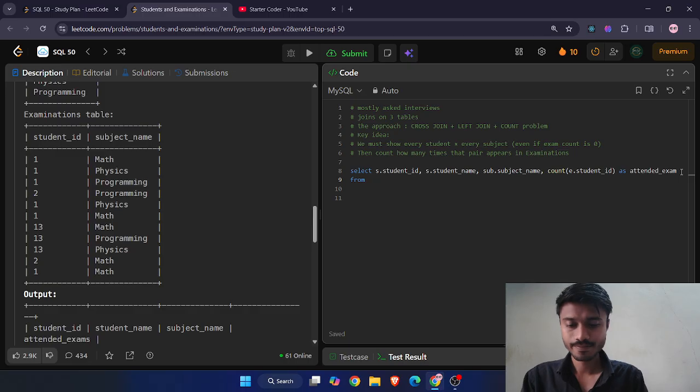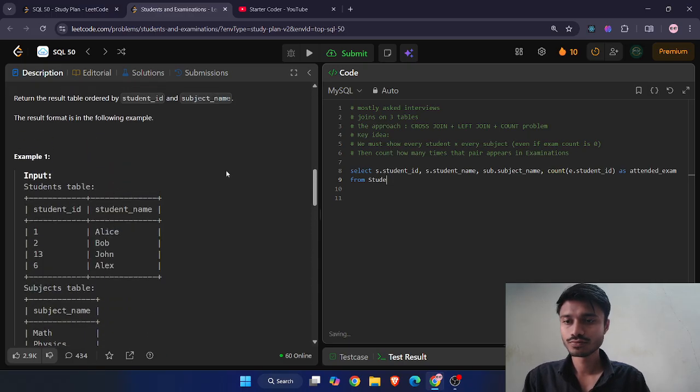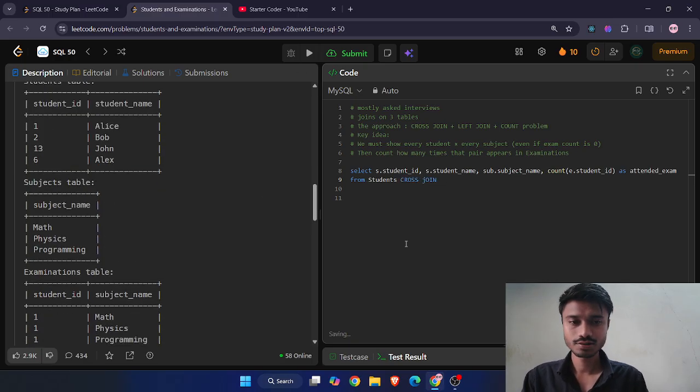From the students table cross join subjects table.